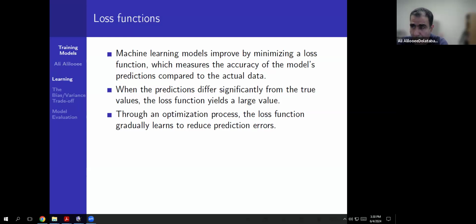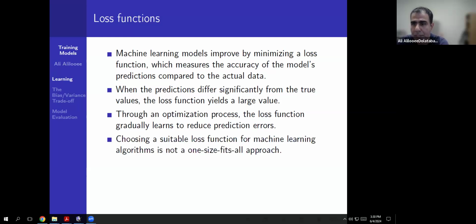It means that our goal is to minimize the loss function, and through the process of optimization, gradually we will make the loss function smaller, and when we make the loss function smaller, we can reduce the error.